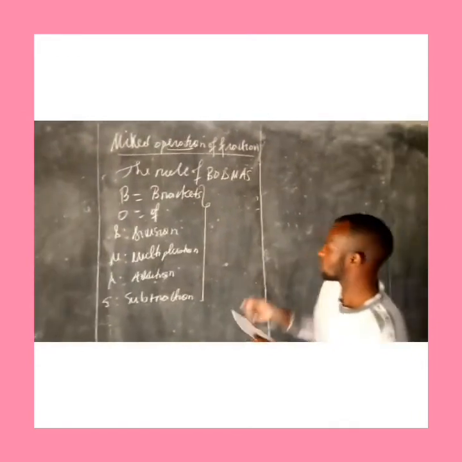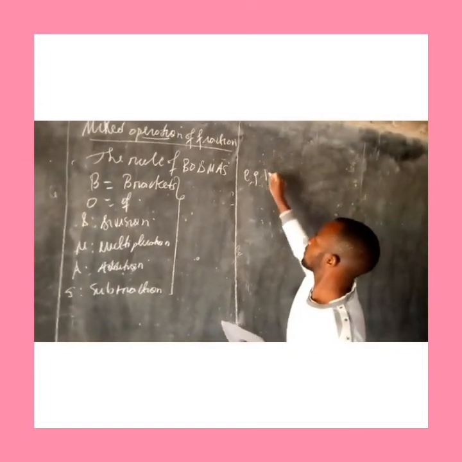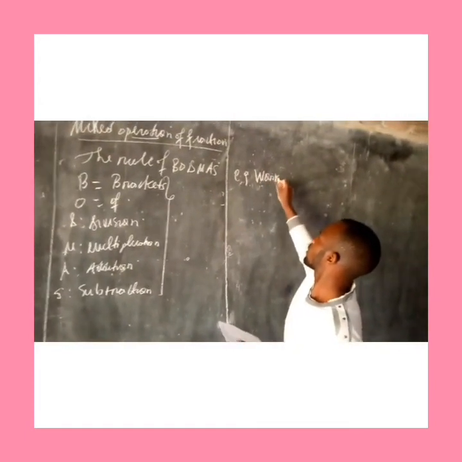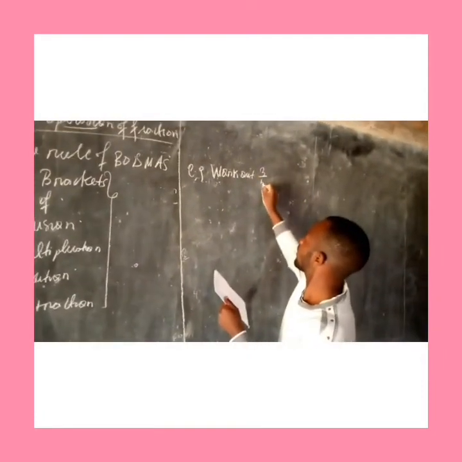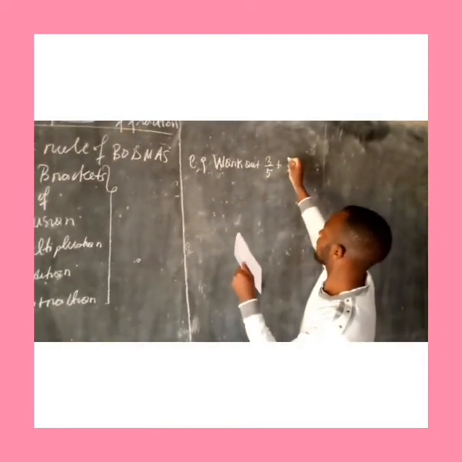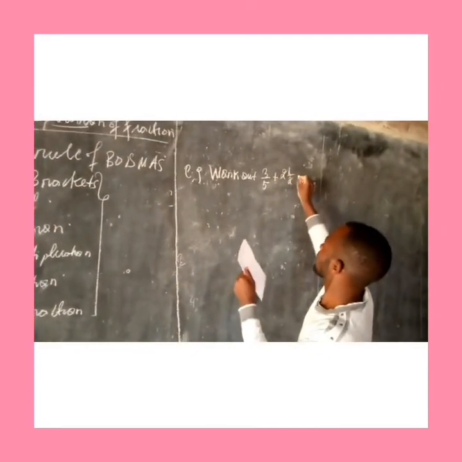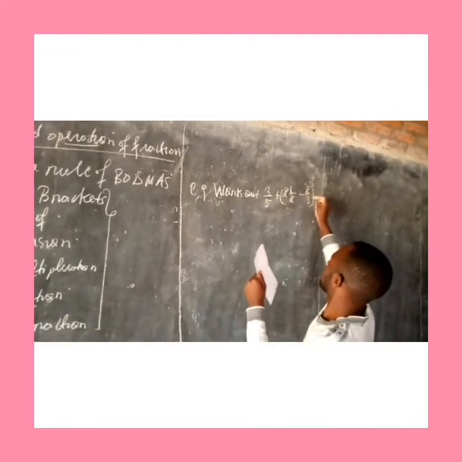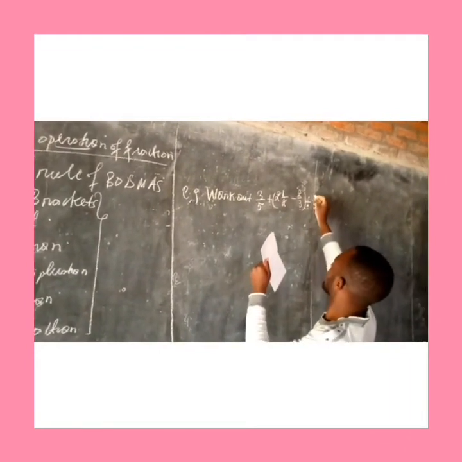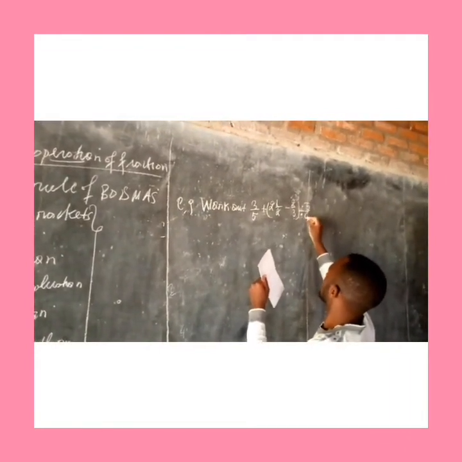So now here we have an example. Work out 3 over 5 plus (1 and 1 over 2 minus 2 over 3) divided by 5 over 6.